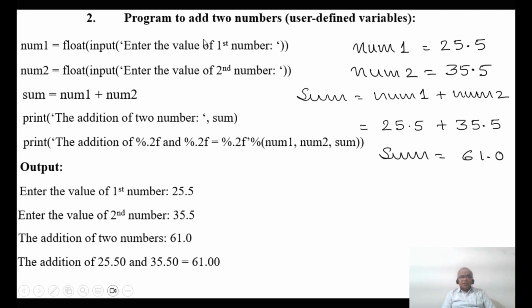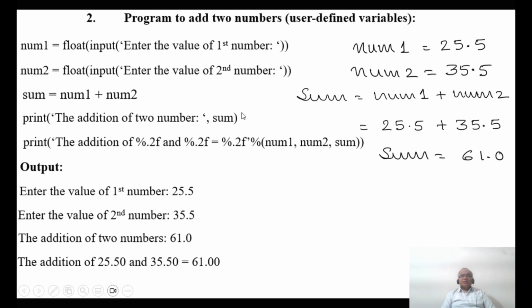If you say the addition of %0.2f, what it does is it takes the number of digits after the decimal point for the variable num1, and also the %0.2f means the number of digits after the decimal point for num2. Because it is a float, here we are using the float modifier.